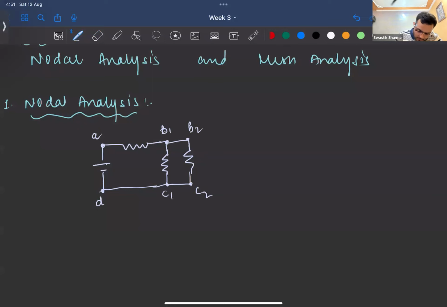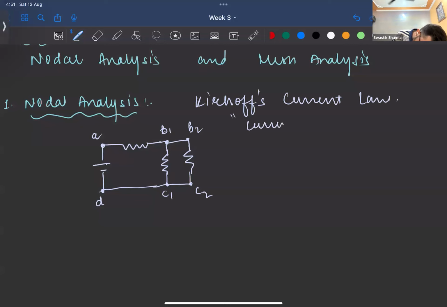So in nodal analysis, you just solve them systematically using KCL, Kirchhoff's current law, right? And what is Kirchhoff's current law?